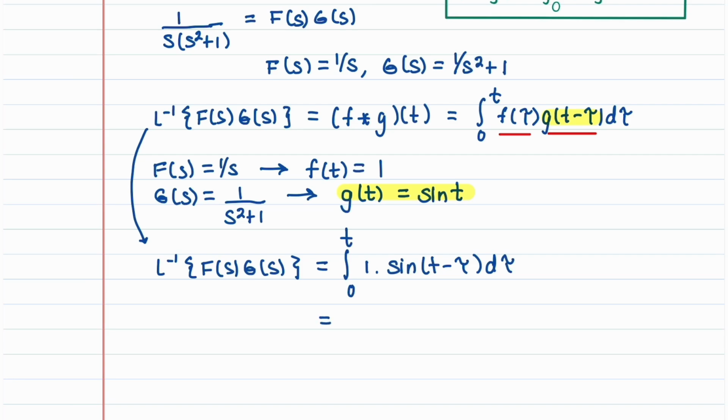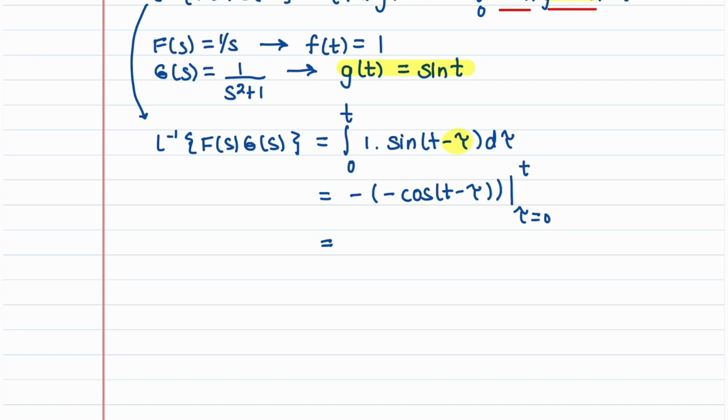When we take the integral of this function, we get a minus that comes from minus tau, and then the integral of sine is minus cosine, so we have a minus cosine of (t minus tau), and we integrate this from tau equal to 0 to t.